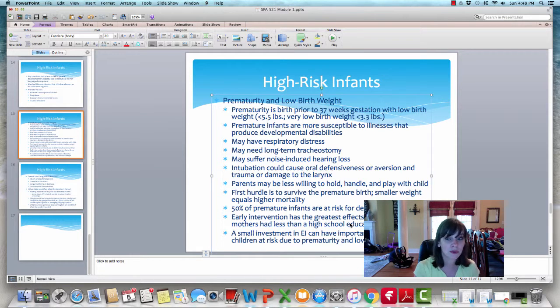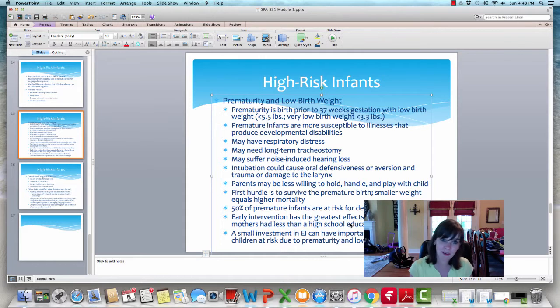Intubation could cause oral defensiveness or aversion, or trauma or damage to the larynx. So they get intubated, they could have vocal fold damage that we're not aware of until later on when that vocal development is there. They could have aversion to anything in their mouth, because think about it, that's the first thing you experience within your mouth, coming from this nice, warm, comfortable environment of mom's belly to out in the world.